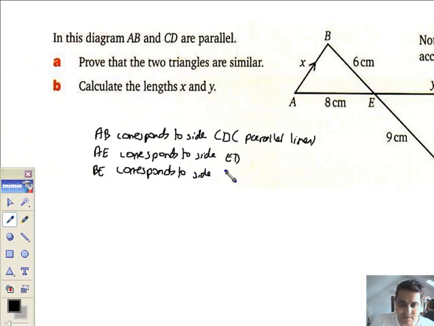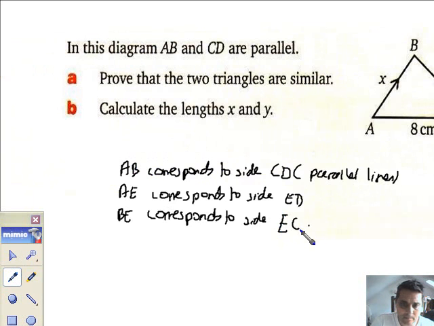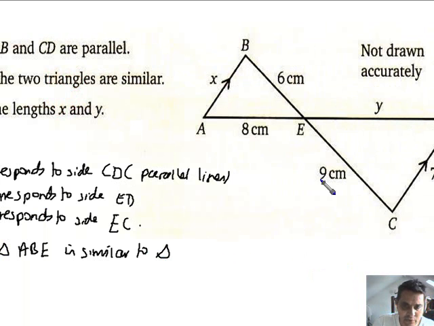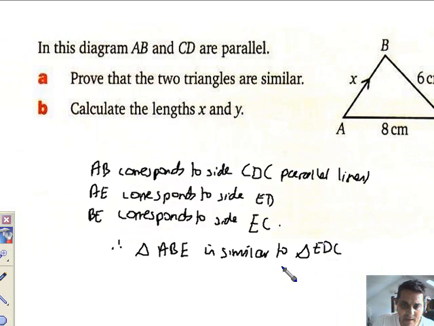And it's EC like I said. Alright, so I've scored 3 out of 3, therefore similar. Therefore triangle ABE is similar to triangle EDC. Alright, and that's all there is to it.